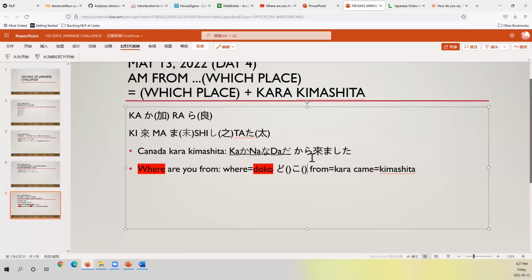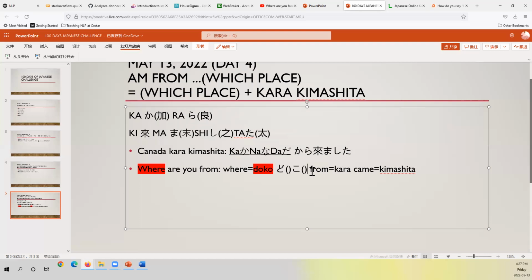And then kara kimashita. And if you are asking the question, where are you from? You will say doko. Doko, as studied in our previous lessons, means where. So where are you from is doko kara kimashita.